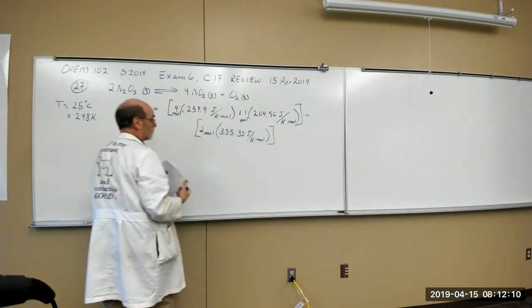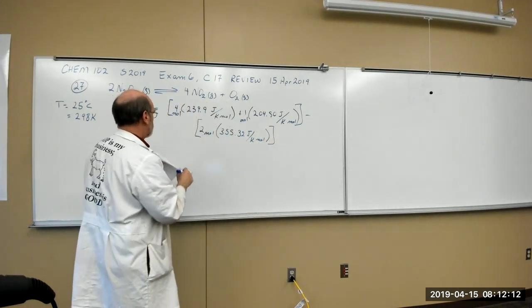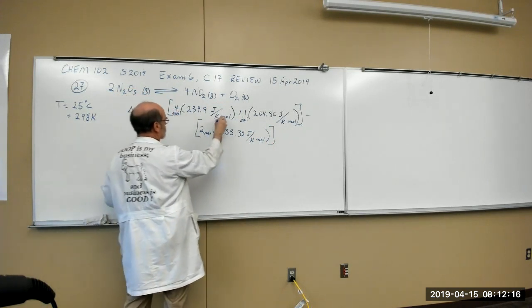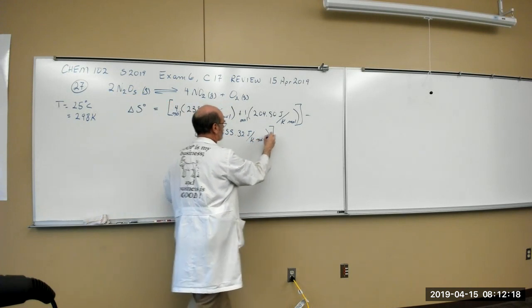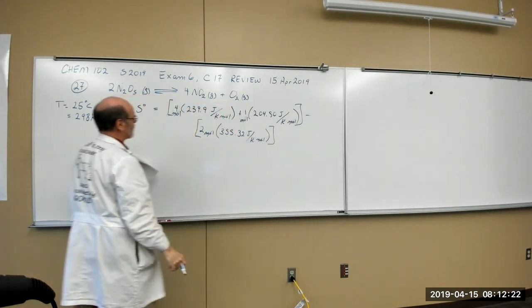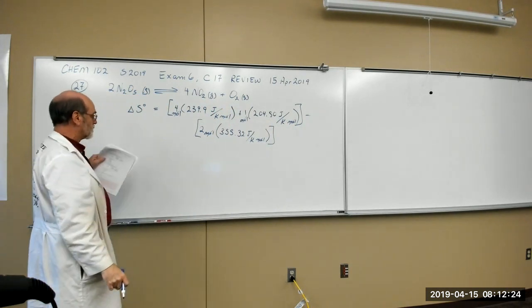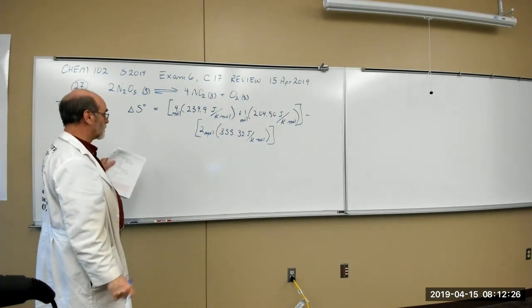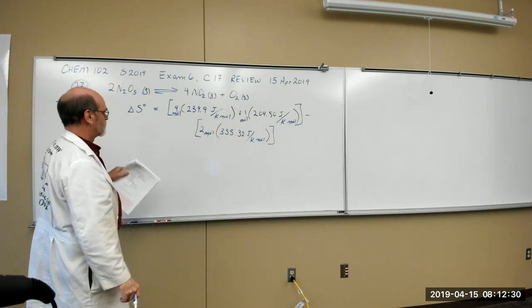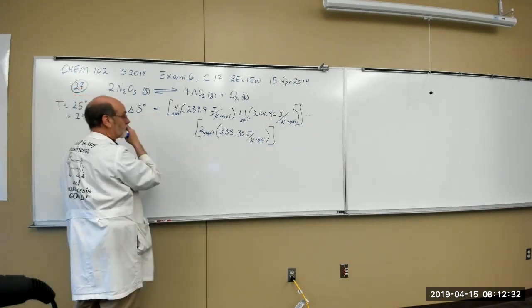There's only one of them there. So this cancels the moles for each one. So now the entropy will be reported in units of joules per K, and that's for the entire reaction.